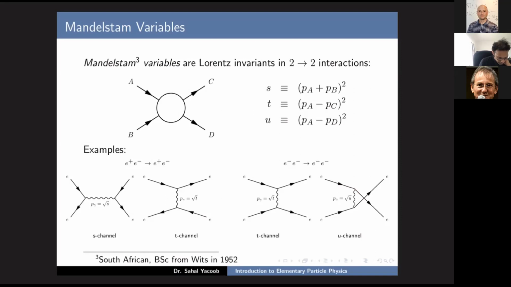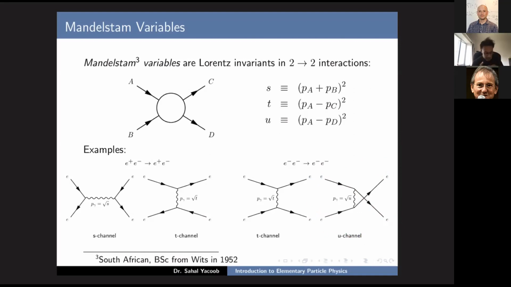And so this is a slightly different diagram, but this diagram can only exist if the particles in the initial state are exactly the same as the particles in the final state. They have to be indistinguishable. Otherwise, this diagram can't be drawn this way in a way that makes any sense.